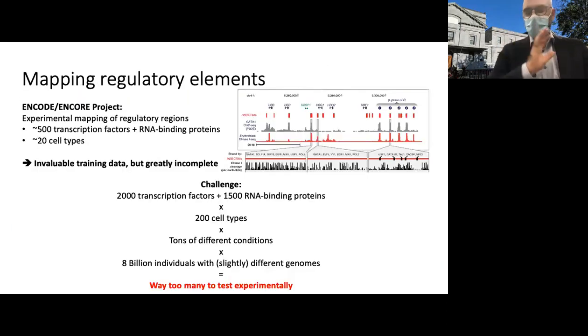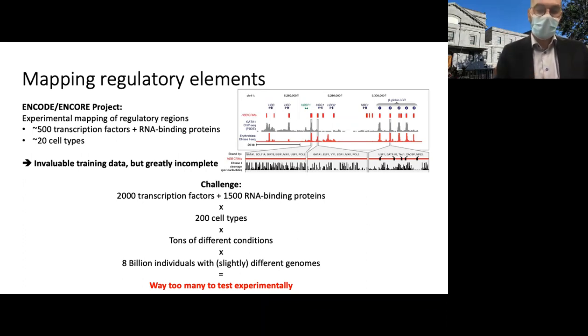There's been a huge effort worldwide to map and understand these regulatory regions, and great headway has been made in that direction, but the complexity of this mapping effort is staggering.